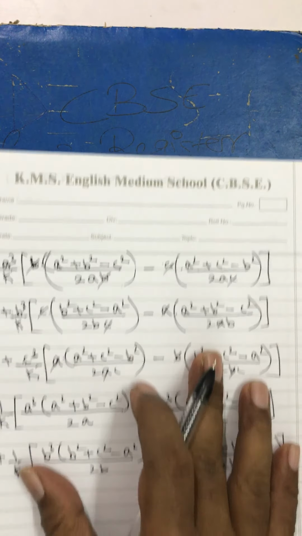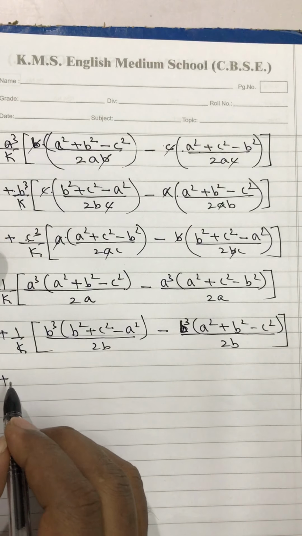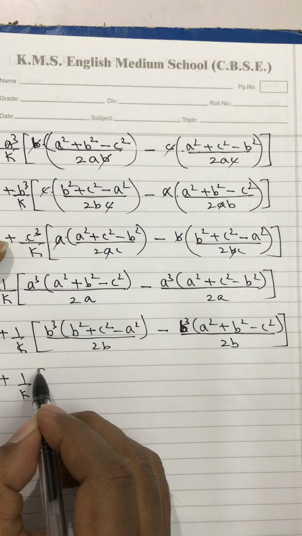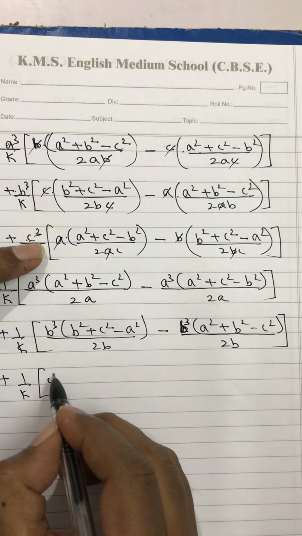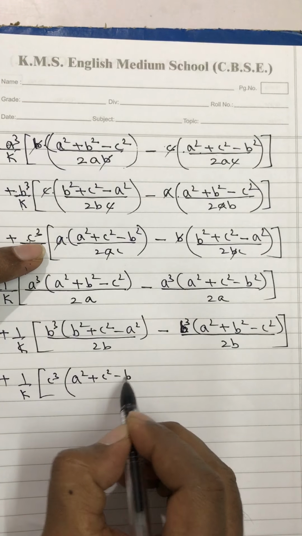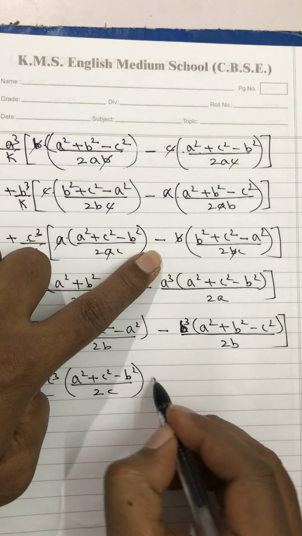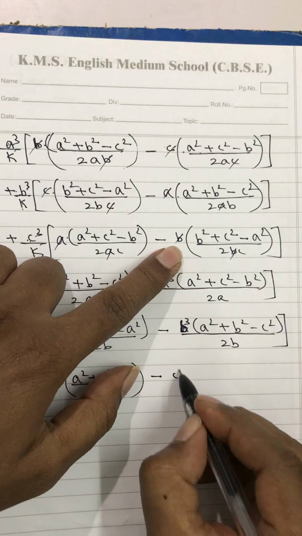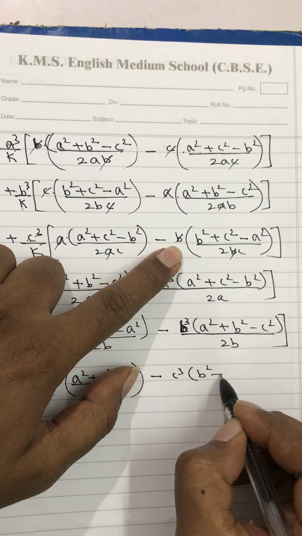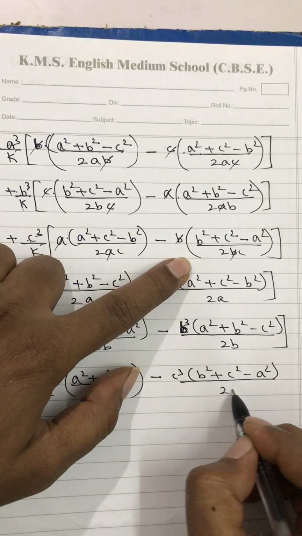Again, what you will get is plus 1 upon K, C cube will go inside, A square plus C square minus B square upon 2C minus, again C cube will come over here, B square plus C square minus A square upon 2C.